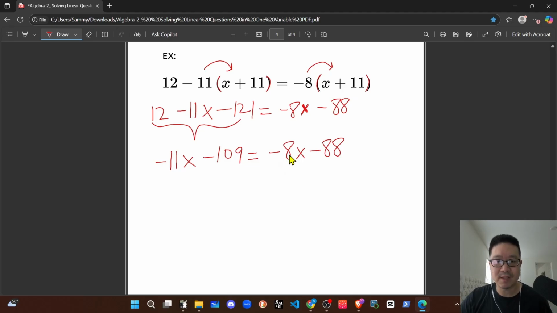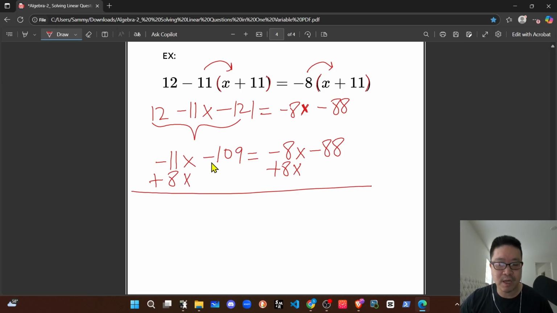So we can get rid of this negative 8x by adding 8x to both sides. And we can also get rid of this negative 109 by adding 109 to both sides. When we do that, the 109s will cancel, the 8x will cancel.